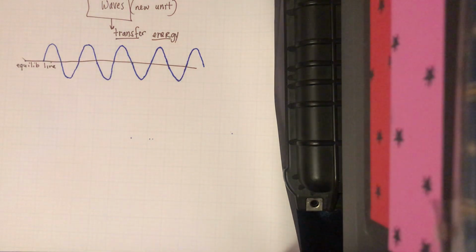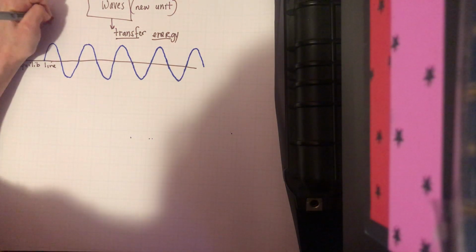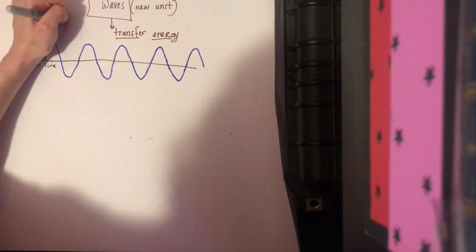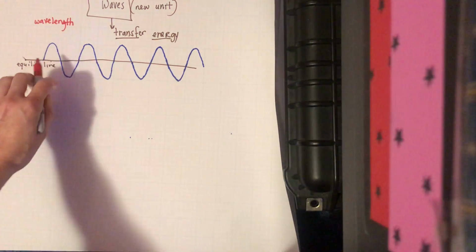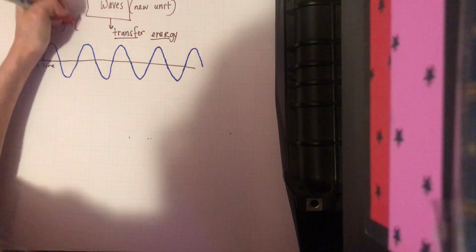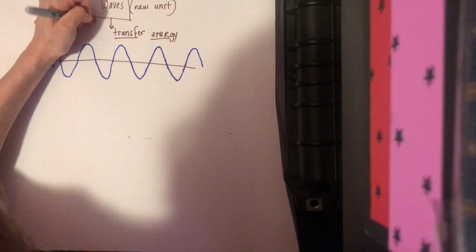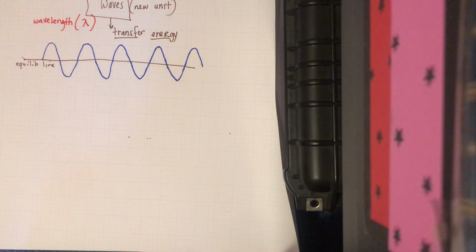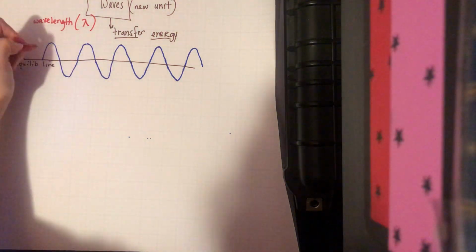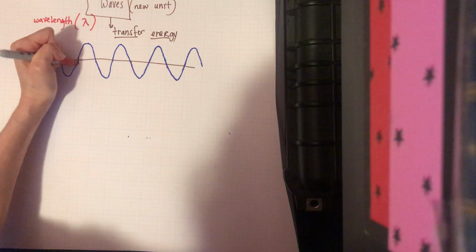So here's my wave. And this wave that I've drawn has many cycles on it. So the first thing I want to do is define the term wavelength. And wavelength is represented by the variable lambda, a Greek letter. Anytime we're referring to wavelength, we're just talking about the length of one cycle.